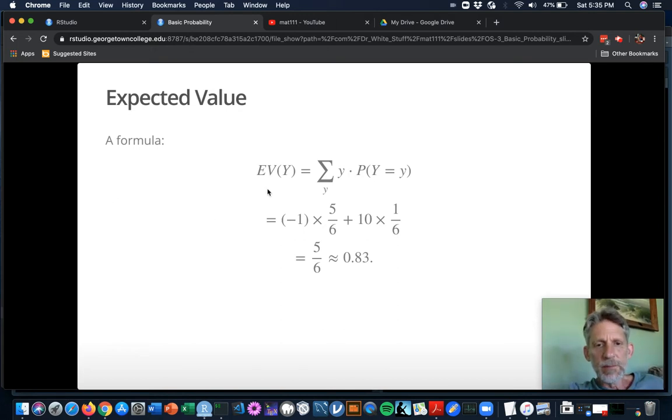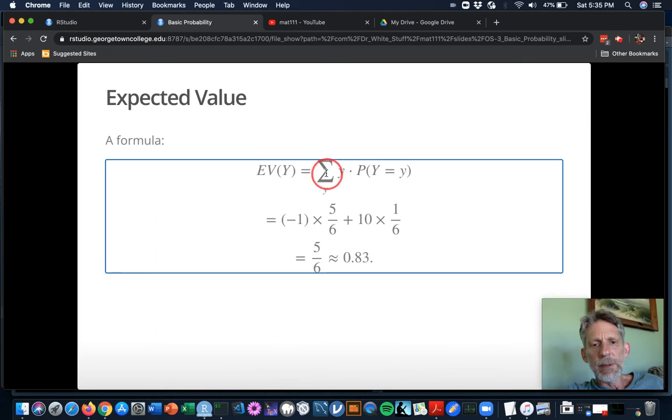It's this. You add up, that's that sum sign here, over all the possible values of the random variable. That's the little y down here, stands for possible values. You add up the possible value little y times the probability that the random variable is that value.